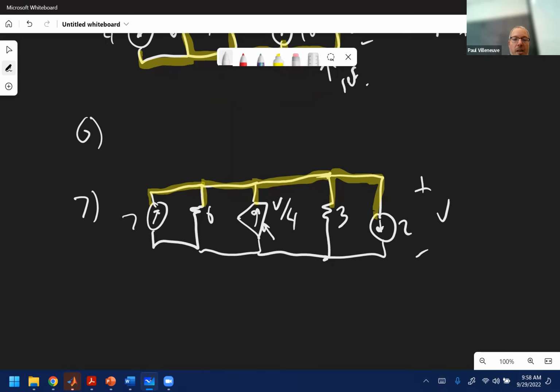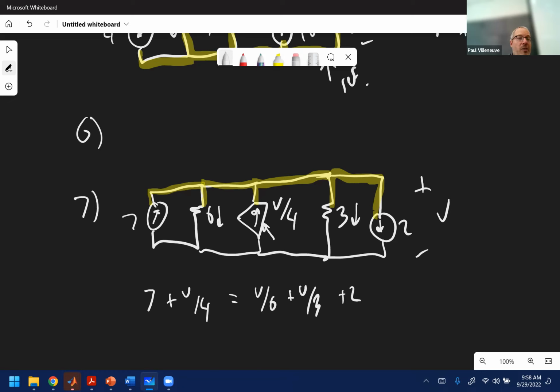The hard part was this V over 4, right? And the voltage, the driving voltage, was over here. So all you need to do to handle that is, this is the current in, and I'm going to assume the rest are currents out, equals V over 6 plus V over 3 plus 2.